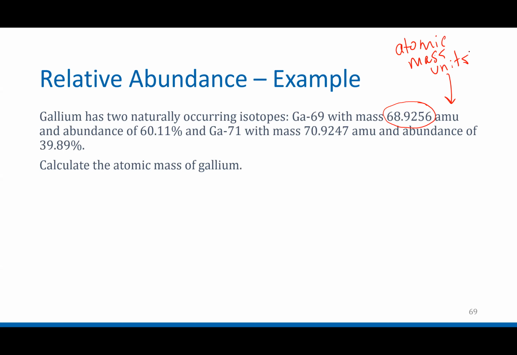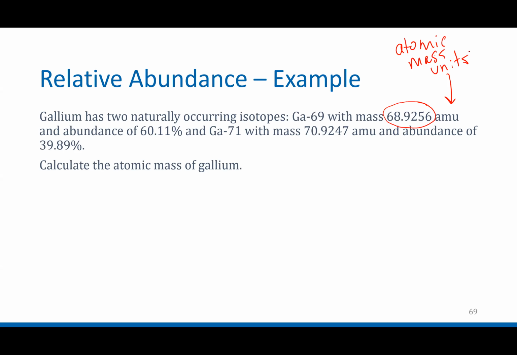The only time you'll see this is in chapter 1. When we get to chapter 3, we will use the units grams per mole, but we haven't really got into grams or moles yet. So the mass is 68.9256 AMU, which means atomic mass units.